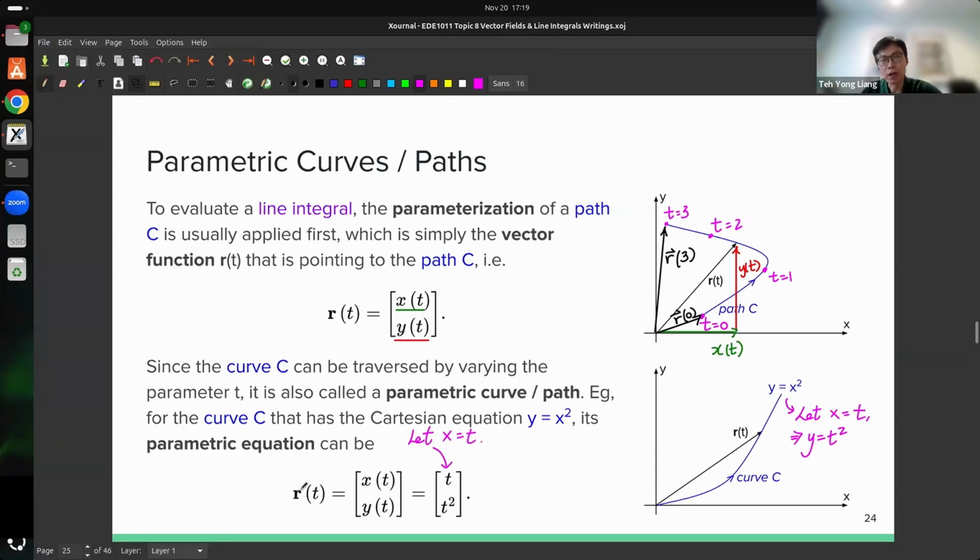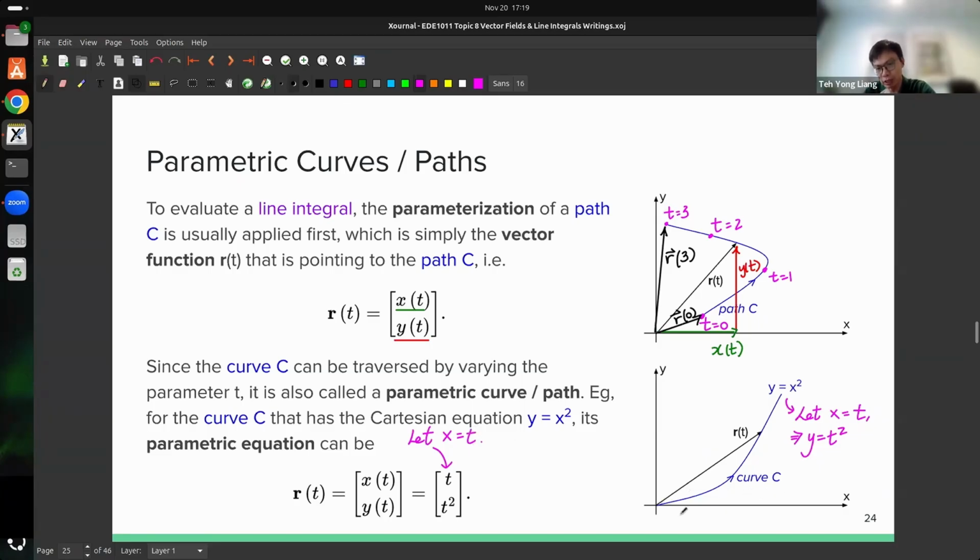You see that? The vector function now becomes a function of t because the x and y components both contain some function of t. Then of course you have the logical question: is it possible that you don't let x be t? You can let x be t squared also. But actually there's a meaning. When you let x be t, you're treating x as increasing linearly with t.